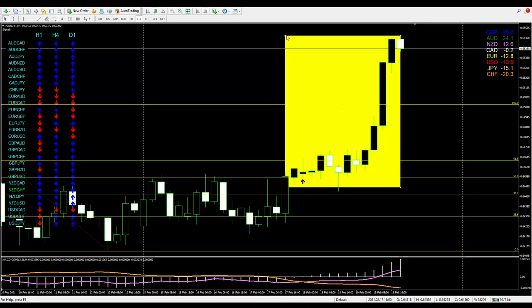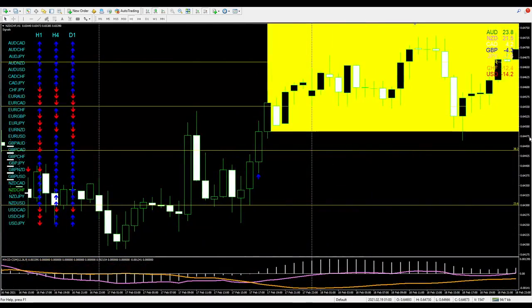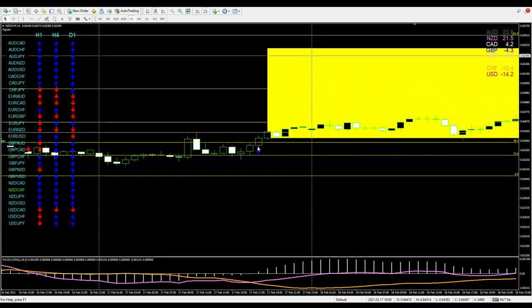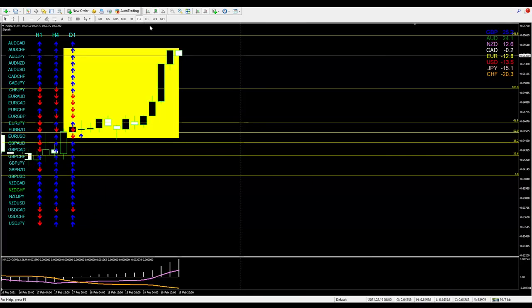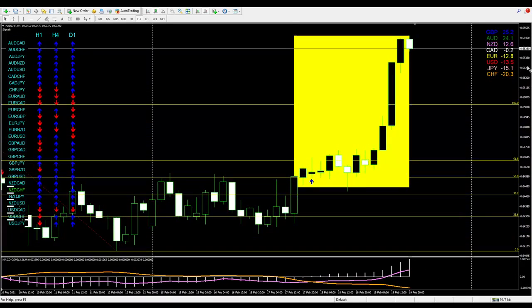As you guys can remember, once again, this is the H1, right? And I've put the yellow rectangle after the candle closed on H1. So it means the H4 signal is inside the yellow box. This means that the signal came on H4, not on H1.